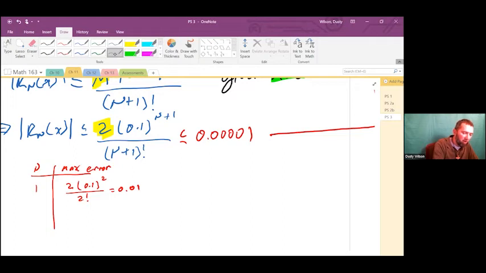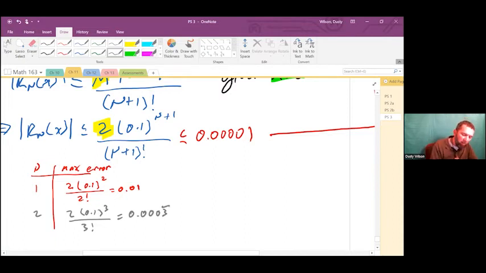So we try n equals 2. When we try 2, we get 2 times 0.1 to the 3 over 3 factorial. Let me get this going on my calculator. So I have 2 times 0.1 to the 3rd power. I know this isn't going to work, but I still want to type it in. This would be 0.0003 repeating.